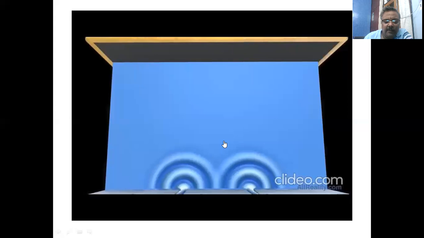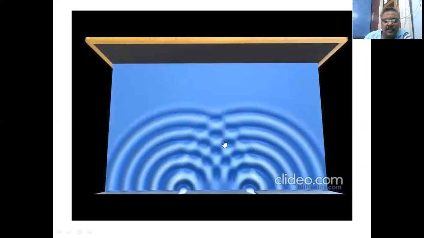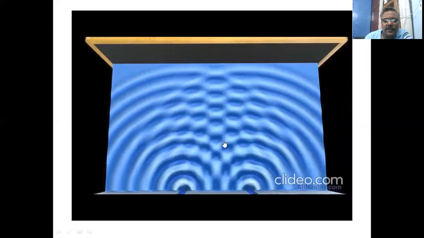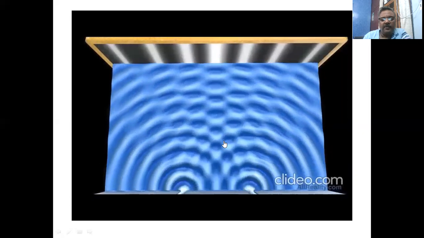In case of water waves, we have two slits, and these are the waves coming out on the water surface, and you can see the interference, the points of maximum and minimum displacements.